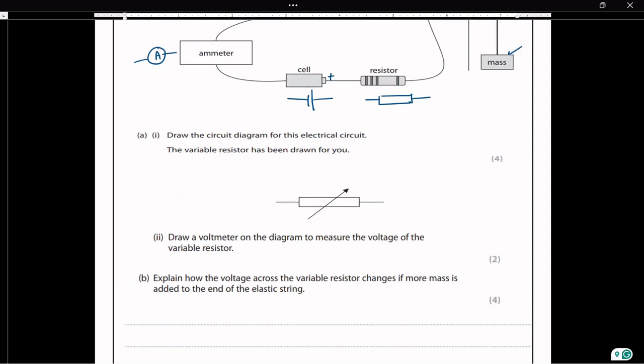There is a variable resistor. For this variable resistor, let us connect an ammeter here. Then there is a cell, and a fixed resistor.